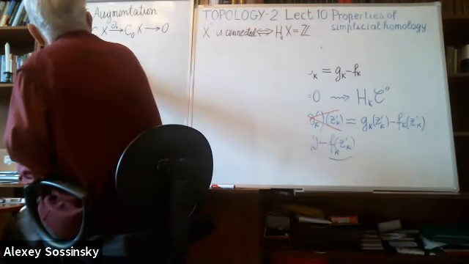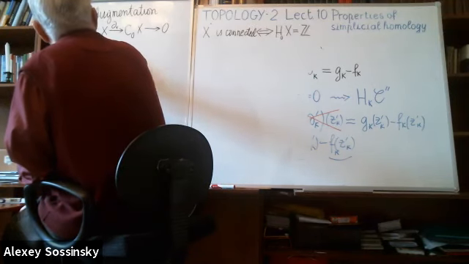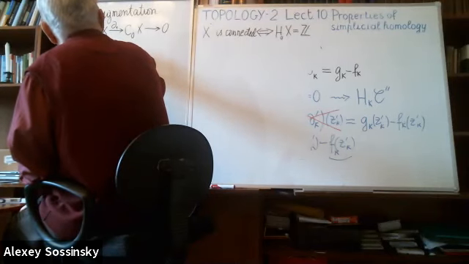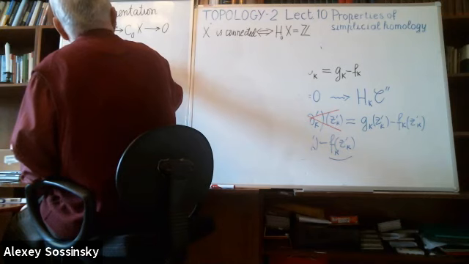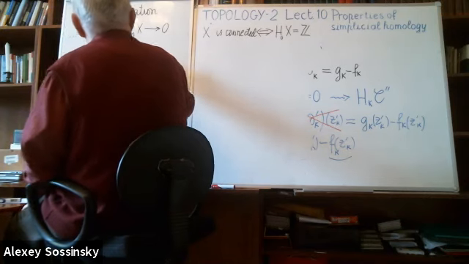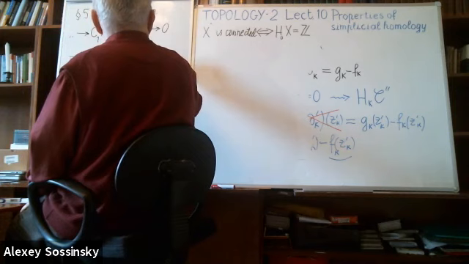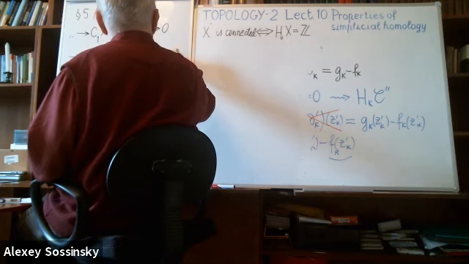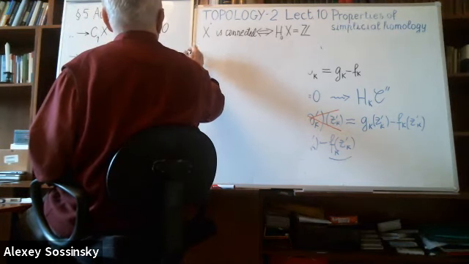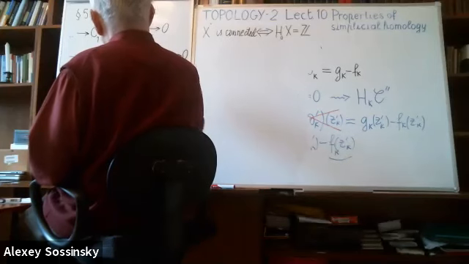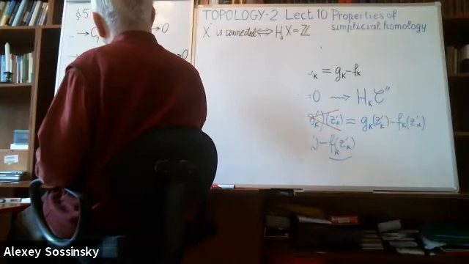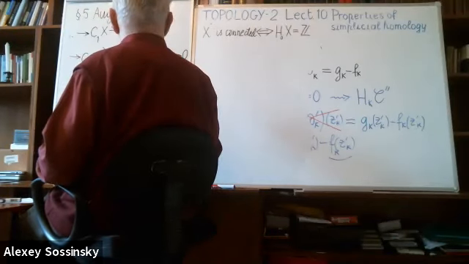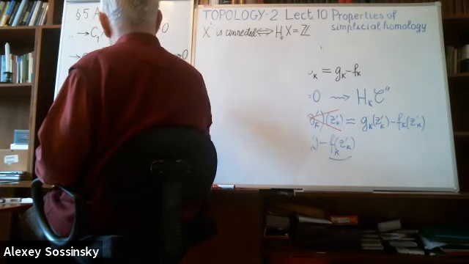It begins in the same way, X. Then we go to D1, to C0 of X. But then instead of going directly to 0, we will take this to Z, and then take Z to 0, and obtain a new chain complex. How is this map here defined?